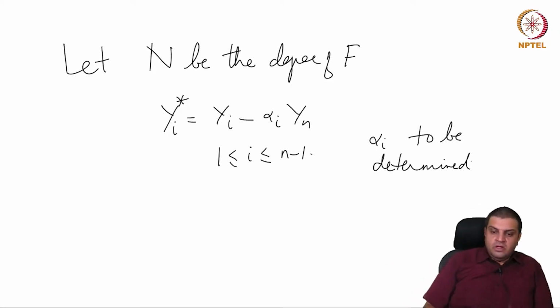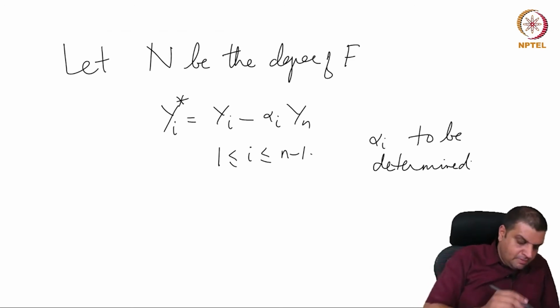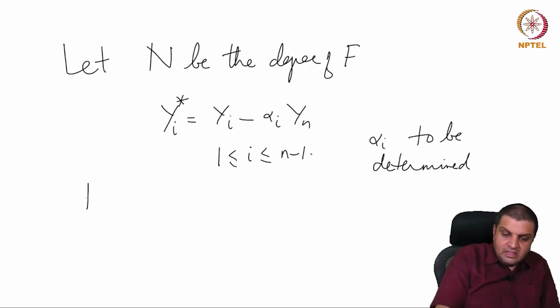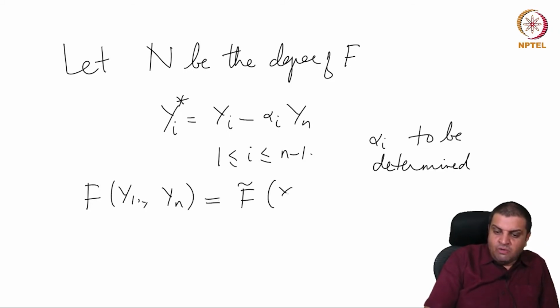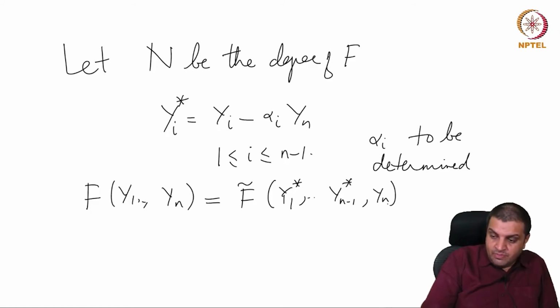Okay. If you do this, then we can rewrite f of y1 through yn as some f tilde of y1 star through yn minus 1 star, yn.